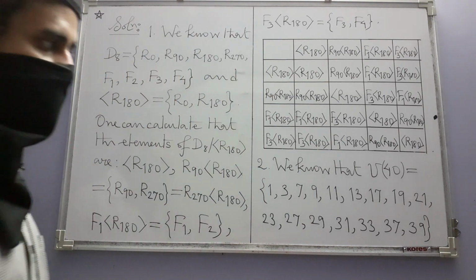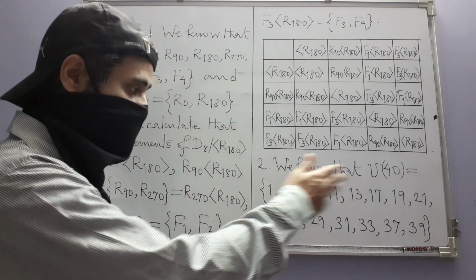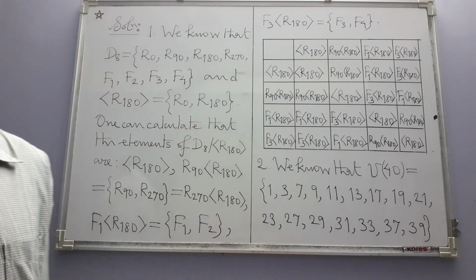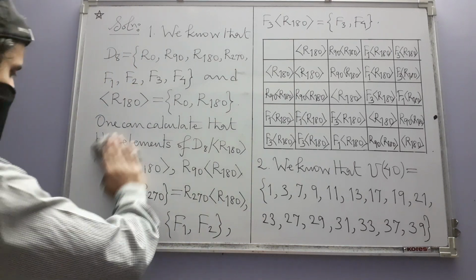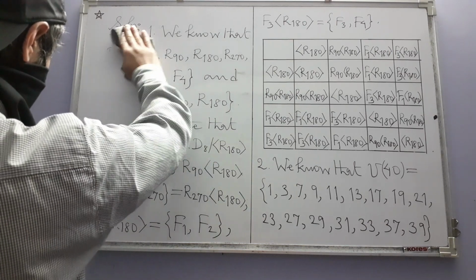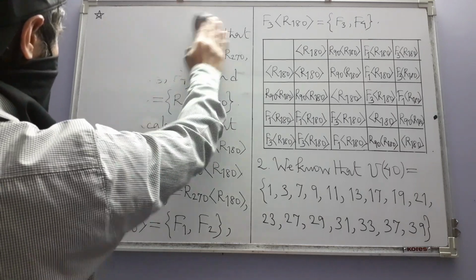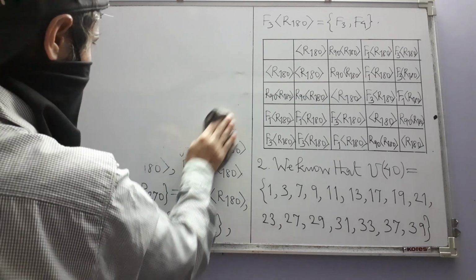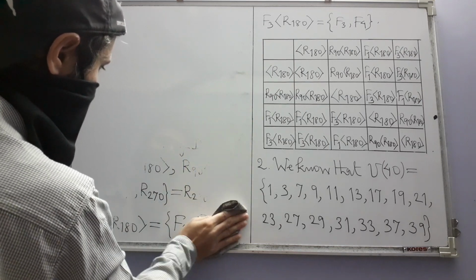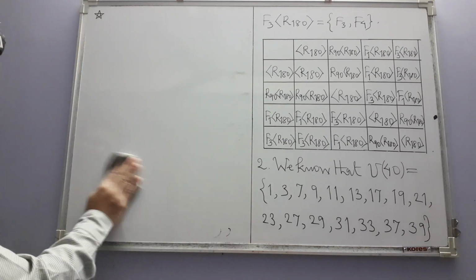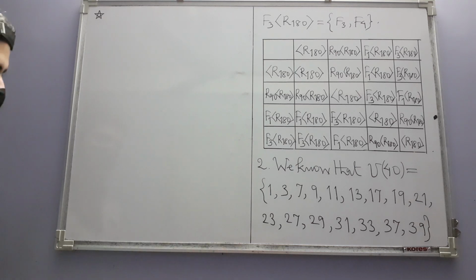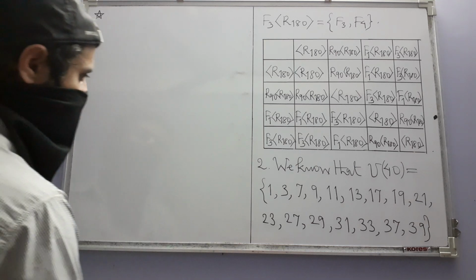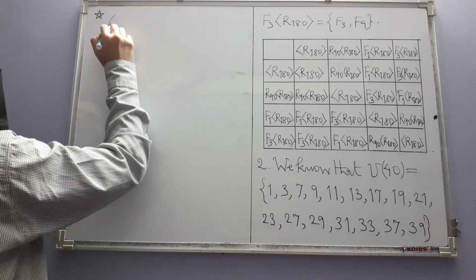So whenever you want to write some such sets, you can always take the help of Euler's phi function to see at least if you are getting the required number of elements. So what I mean by that is this.